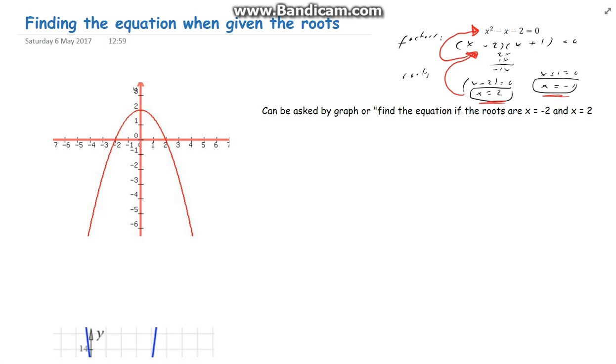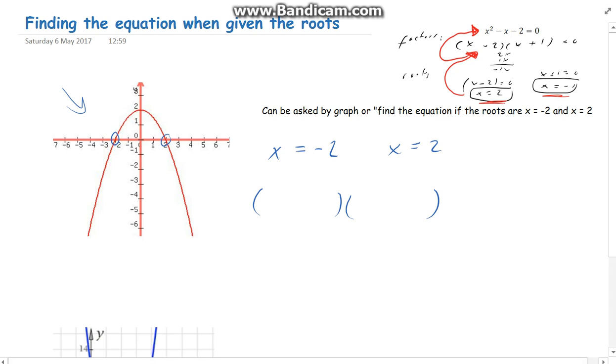So we're going to use the graph. They tell us to find the equation of this graph. So we know x is equal to minus 2, so we write x equals minus 2, and we know x is equal to 2. These are our roots, okay? So, like I said, we're used to going from equation to factors to roots. Now we're going to go roots to factors to equation. So I need to write this as a factor.